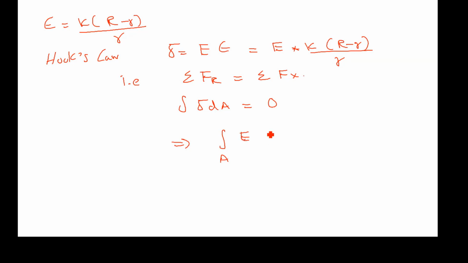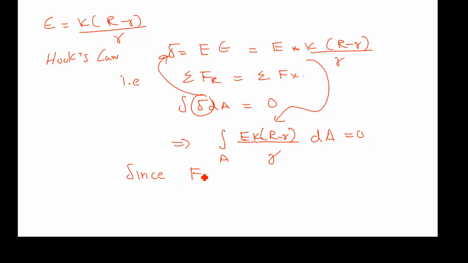So this equation is actually going to become the integral of E into k into (r bar minus r) divided by r dA equal to 0.